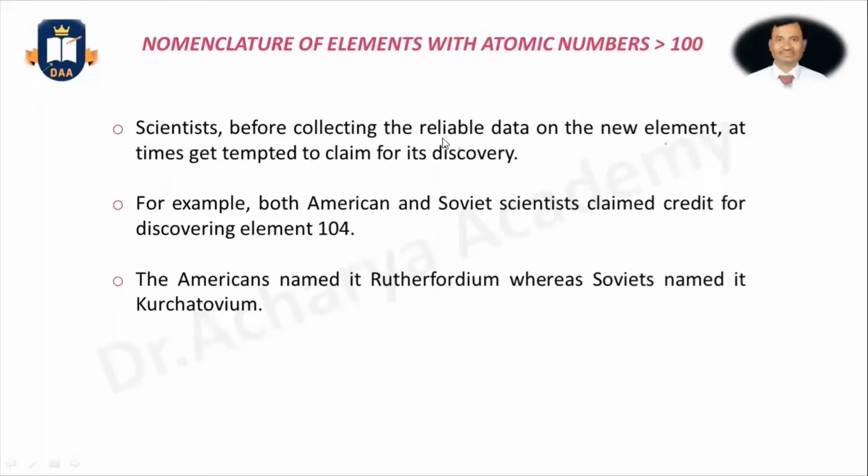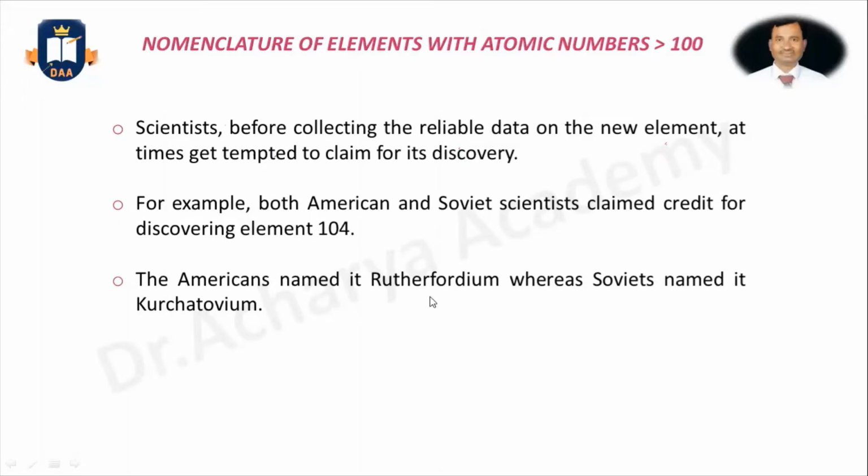Scientists, before collecting reliable data on the new elements, get tempted to claim its discovery. That means scientists, before getting the reliable data, claim that they discovered these new elements. For example, American and Soviet scientists claimed credit for the discovery of the element having atomic number 104.